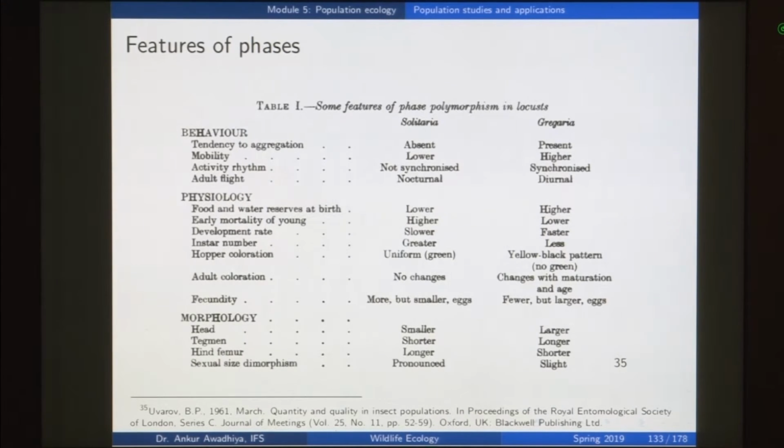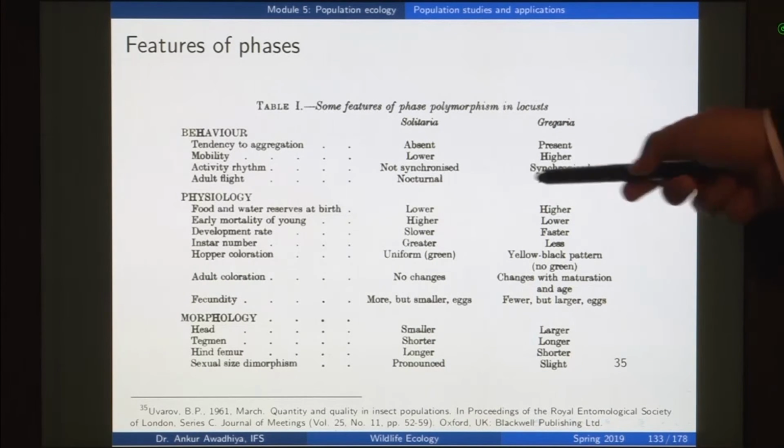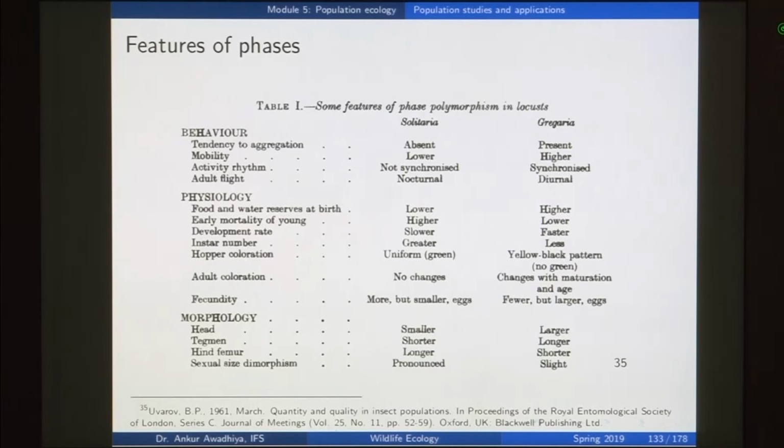And next, once you had this understanding that all of these organisms belong to the same species, the same population, people started looking at the features of these phases. For instance, if you look at the behavior, the solitary do not tend to aggregate, the gregarious tend to aggregate. There is very little mobility in the solitary phase, so the solitary phase just remains at one place. The gregarious has a very high mobility, it makes a swarm, it moves away.